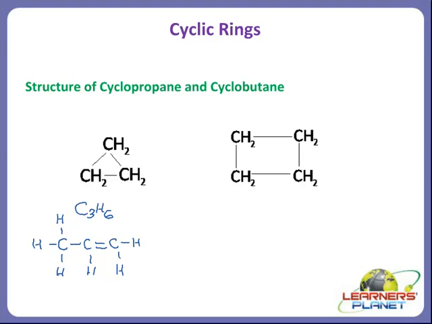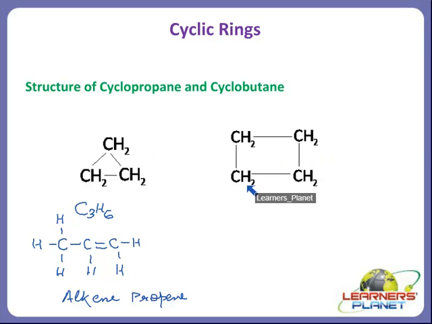So this is an alkene. Now your C3H6 can be written in a cyclic form also, forming cyclopropane, and it can also be written in the form of an alkene, that is a propene. We'll discuss the nomenclature in our next sessions. So this is propene.